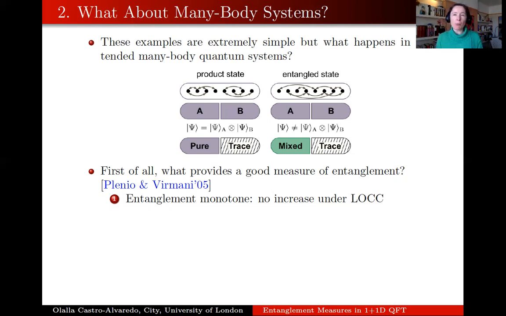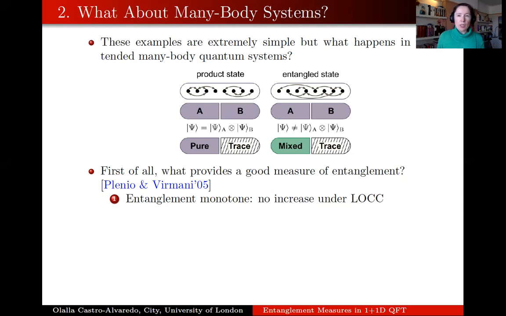And so what is a local operation? Well, this language comes very much from the Alice and Bob experiment. Alice and Bob both own some qubit or some part of some state. They can perform a local operation on that state, for example. And the classical communication part might be that they communicate with each other by phone, let's say.